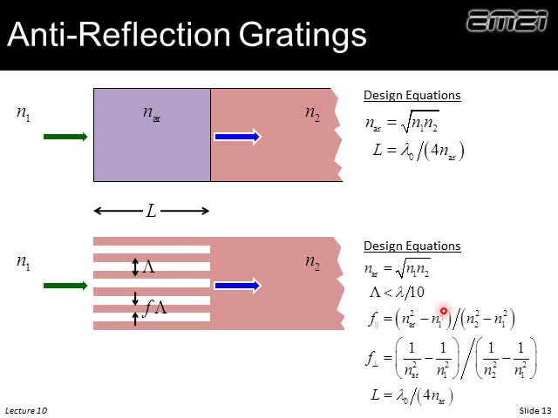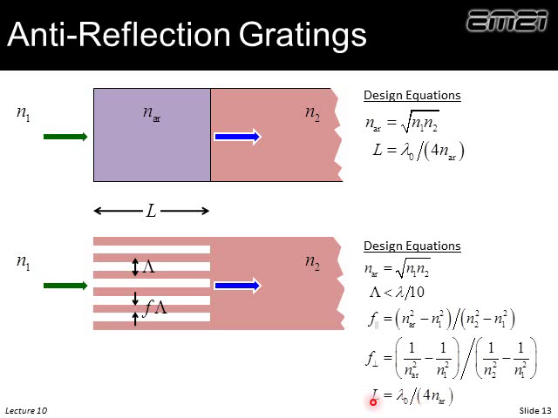We know the effective refractive index we're matching into and the effective refractive index we're going into, and so we can calculate the duty cycle for both of our polarizations, and they will be different. So in fact, we can't, using this, design an anti-reflection grating that has zero reflection for both polarizations, at least not for a ruled grating.